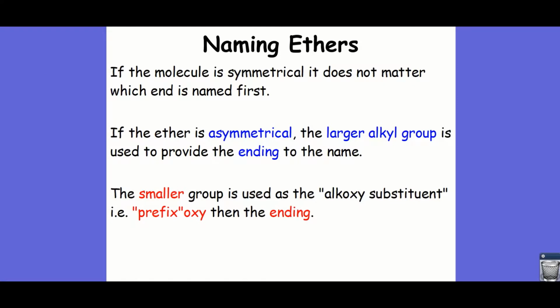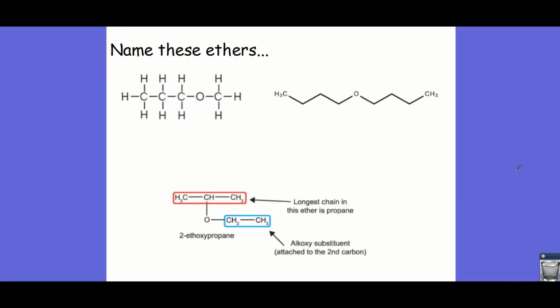So let's have a look at some examples. Here we have our functional group. So let's have a look. On this side, we have 3 carbon atoms, and on this side, we have 1. So this whole section here, we would classify as our alkoxy substituent group.